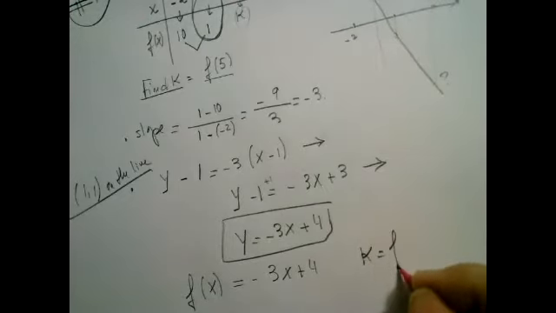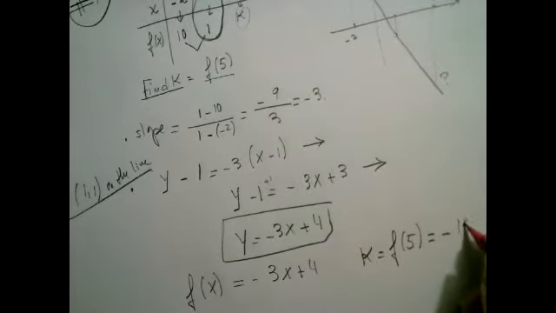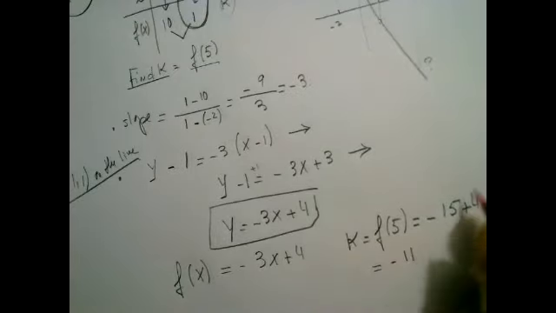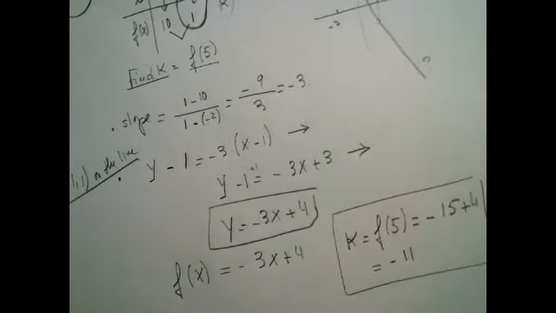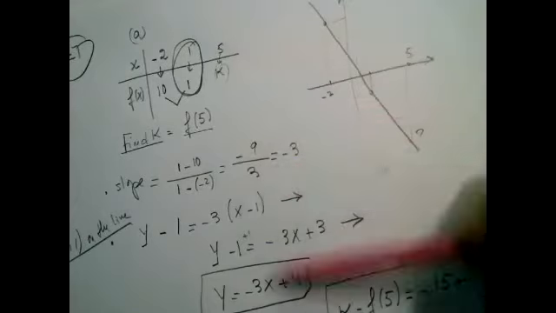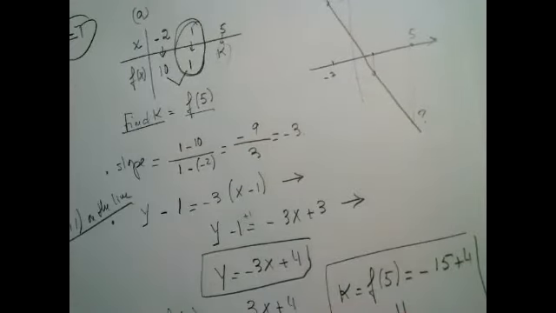So I just plug it in: -15 plus 4, which equals -11. That's how to handle those problems. You have a table, they want the output at 5. You find the formula, then plug in 5.